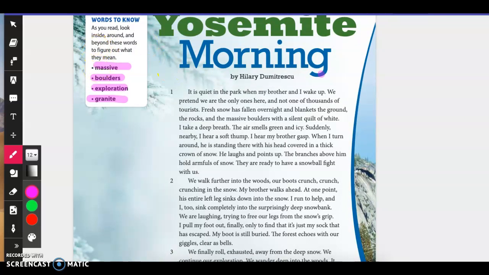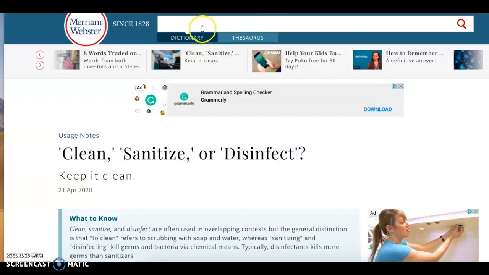So we're going to look up the word meanings for massive. I'm just going to dictionary.com and I'm typing in the word that I want to look up. Anytime you need to look up the meaning of a word, you can do that on a phone or on a computer.